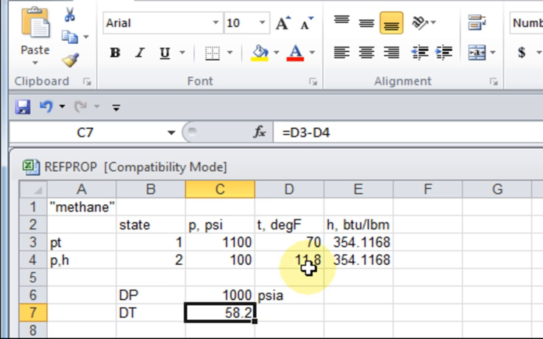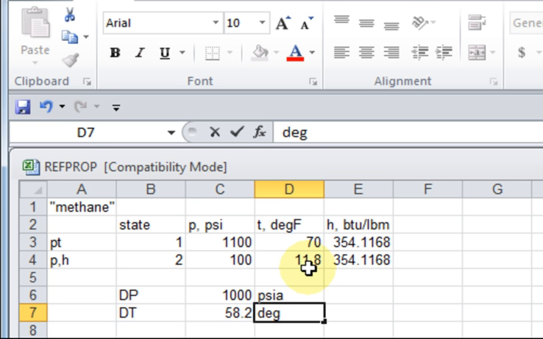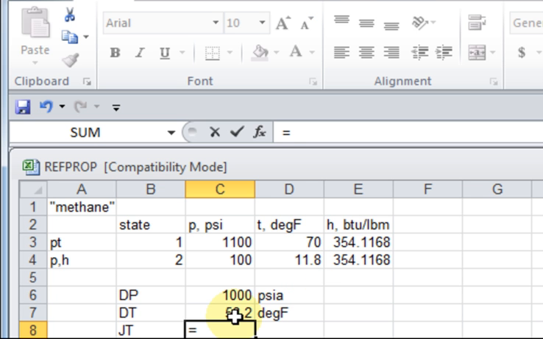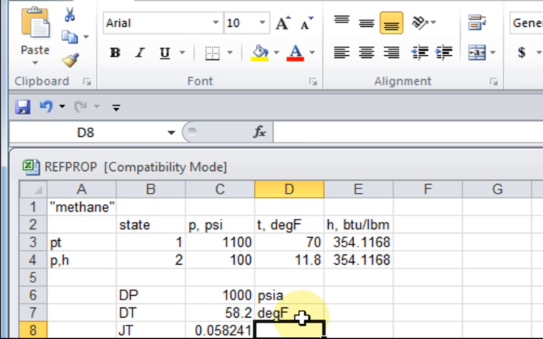So it was 58.2. So my Joule-Thomson coefficient approximately is so many degrees change per psi. So this is how many degrees F per psia, right?